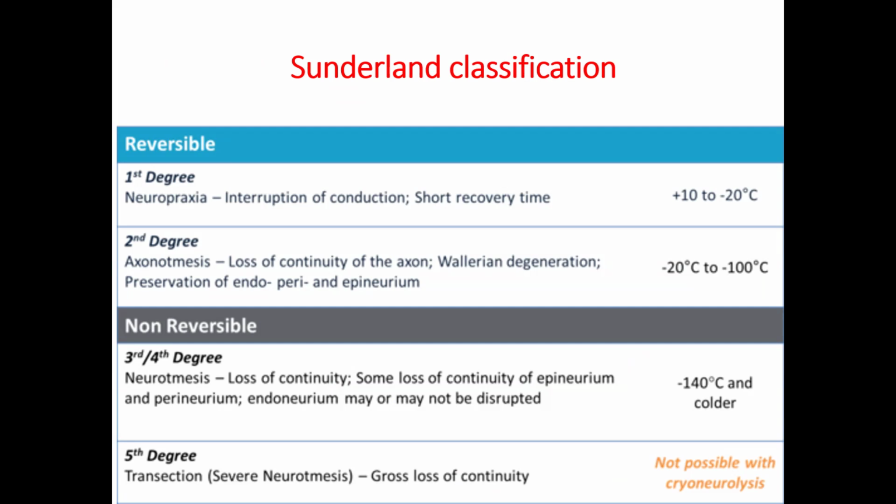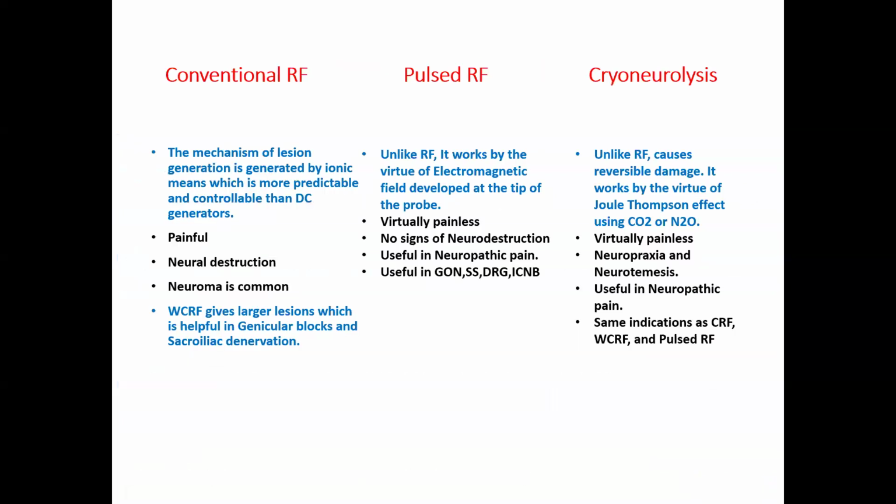With cryoneurolysis, you cannot reach this fifth degree. You reach this third or fourth degree, and then later on, after a few months, you go back to second and first degree, because the nerve regenerates again. So this is the big plus of doing cryoneurolysis. Okay, this is a comparison between conventional, pulse, and cryoneurolysis. With cryoneurolysis, you really freeze the nerve.